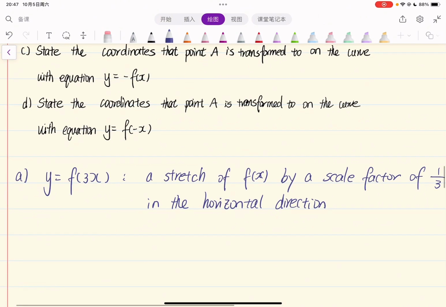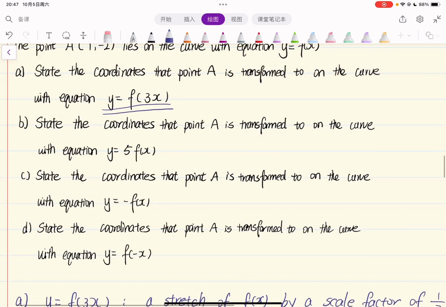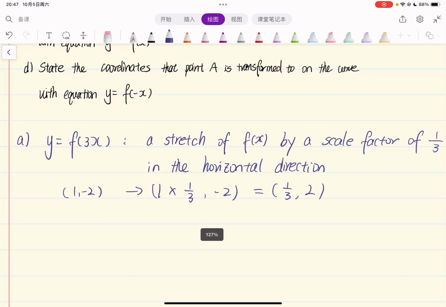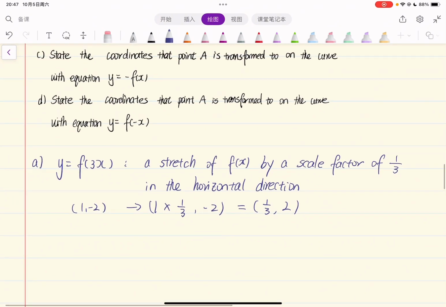So point A is (1, minus 2), and it becomes (1 times a third, minus 2), which equals (1/3, minus 2). That is the new point of A.